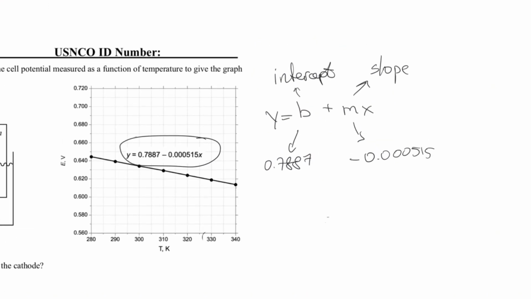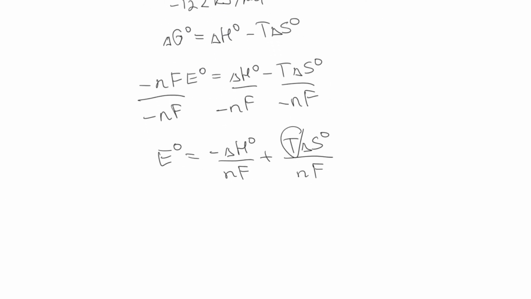From this we can identify what the slope and the intercept are. Of course, our T is the x in our equation, because temperature is the independent variable and we can change it, but delta H and delta S we cannot change. So T is just the x in the equation. Let me rewrite this.